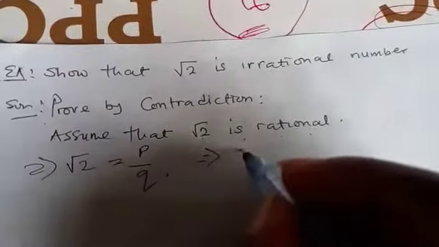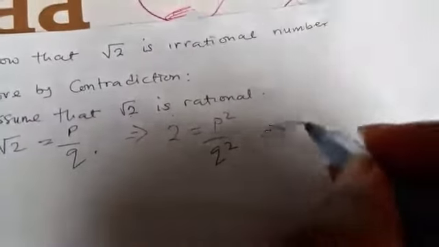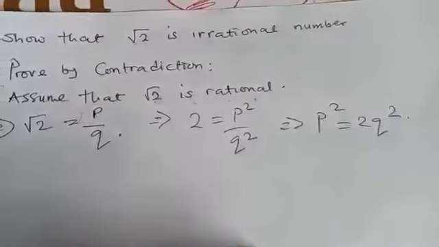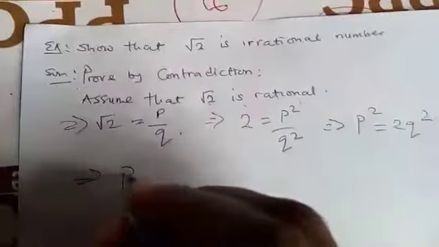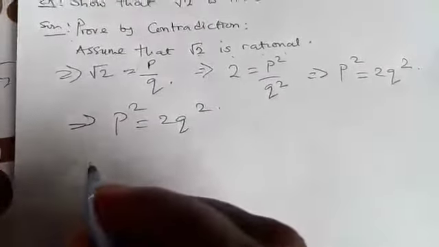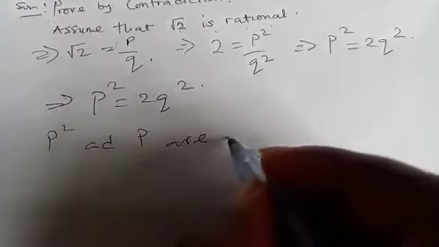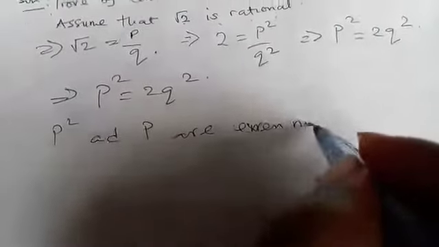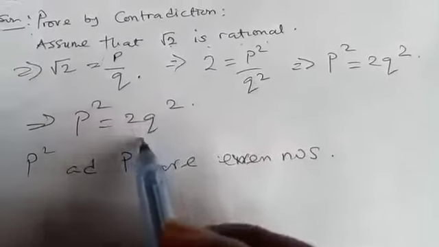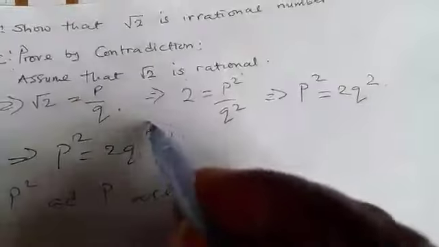If you square both sides you are going to have 2 equal to P squared over Q squared, which simply means that P squared is equal to 2Q squared. So what we have seen is that P squared is equal to 2Q squared. Now what we have here is that P squared and P are even integers. They are even numbers, because P squared is 2 times what we have here.